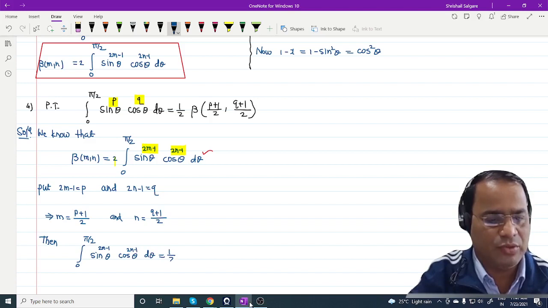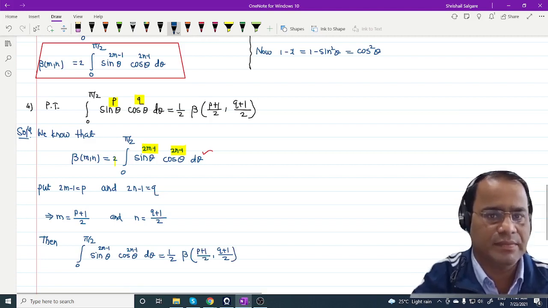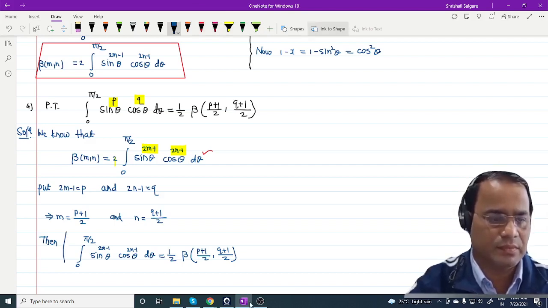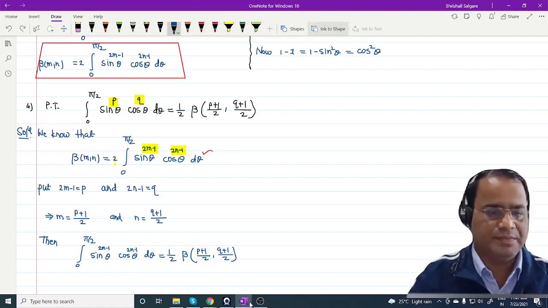This 1 by 2 I will adjust to the left side, and it is 1 by 2 into beta of p plus 1 divided by 2, q plus 1 divided by 2, and I think that is the required answer. Just check it. Is it right? Okay, continue to the next one.